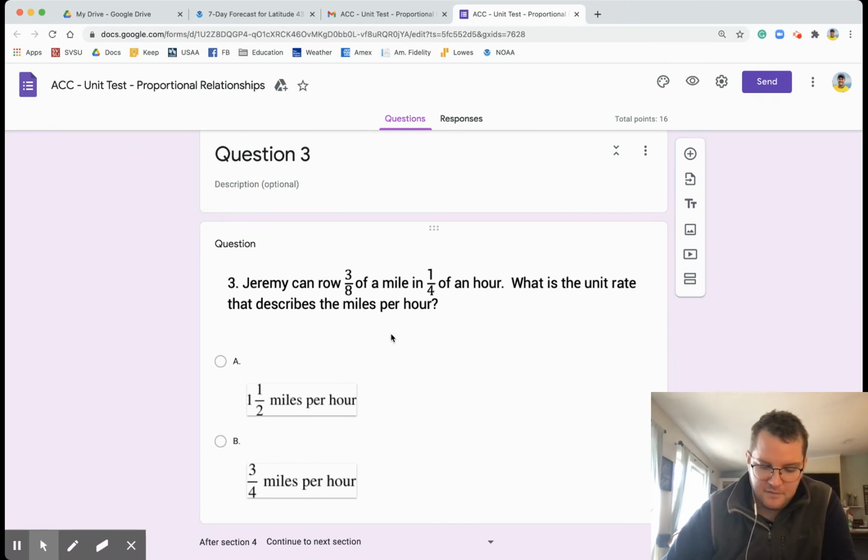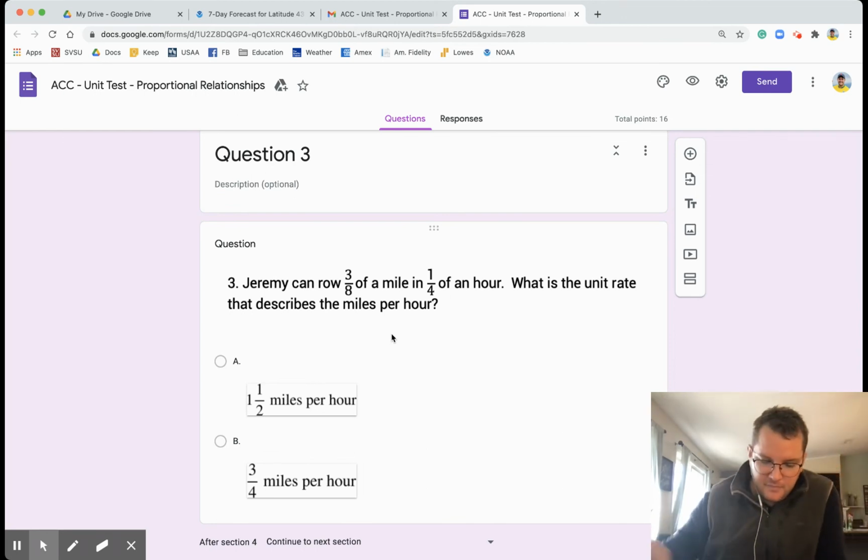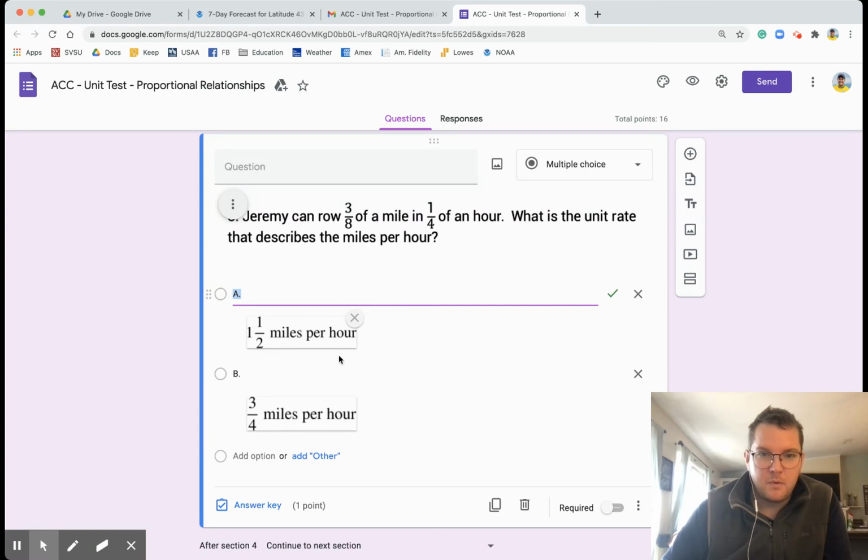If you're writing this on paper, which I hope you have also with a calculator, you should write out 3/8 divided by 1/4. And remember, when you have that equation, the secret is keep, change, and flip. So we would keep the 3/8 and we would flip the 1/4. When you do that, your answer will be 1.5 miles per hour. Okay.